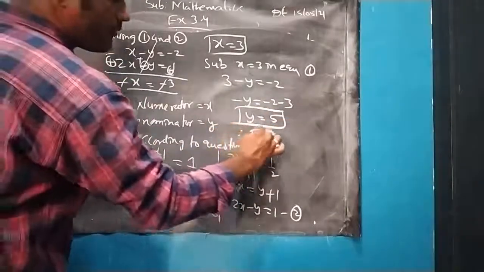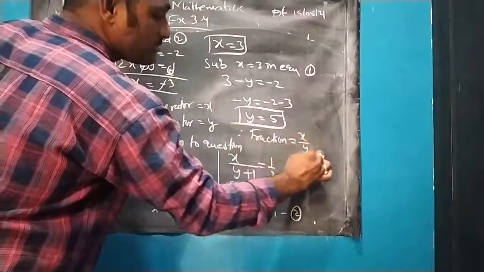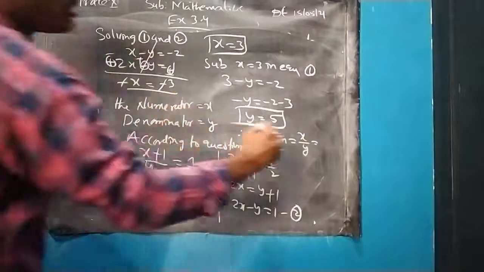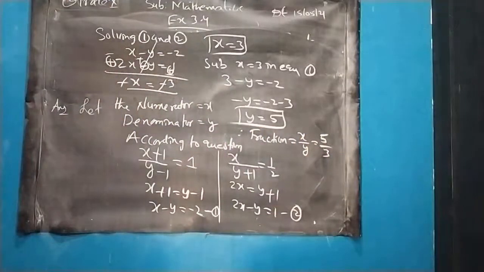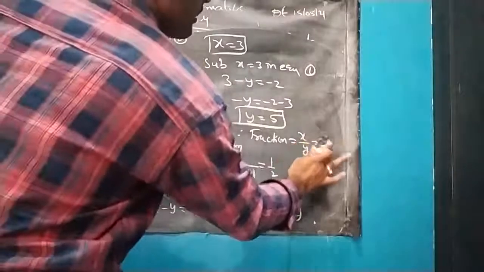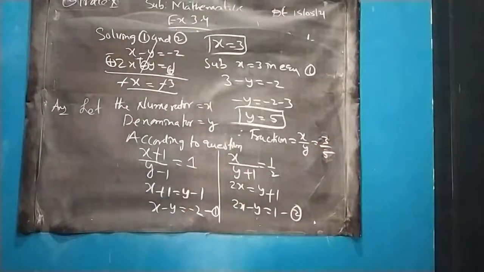Therefore, the fraction is nothing but what we denote by x by y. Sorry, here x value is 3, right? We have written reverse. It is 3 by 5.